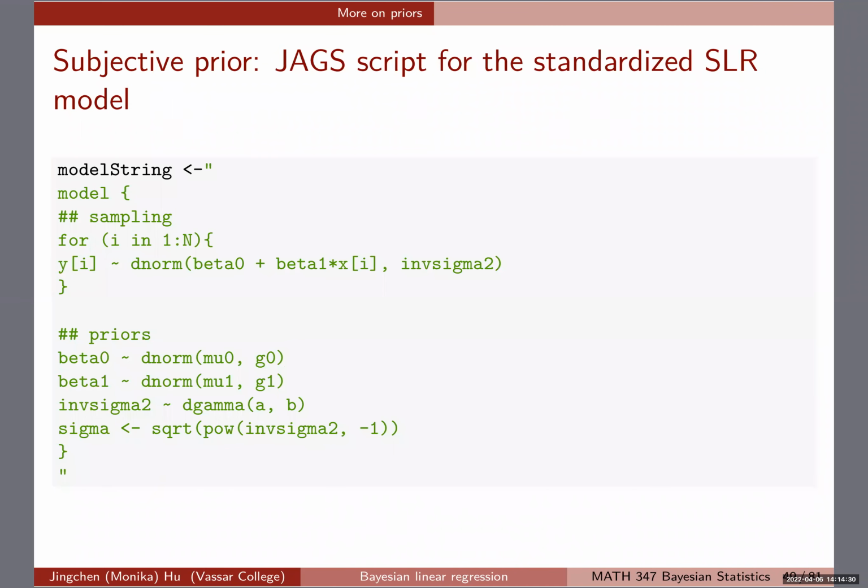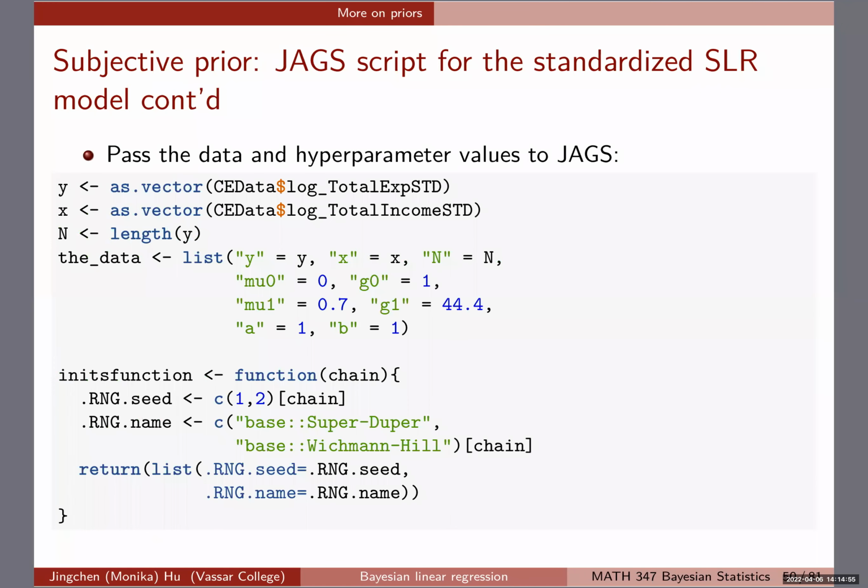So the model string, like I said, wouldn't look too different. In fact, it is almost identical to what we had done before for the weakly informative prior, because we still have our beta 0, inverse sigma squared, sigma and everything. So this is identical to the previous JAGS model string that we have done. But the key over here is that for the next few steps, we have to standardize the data.